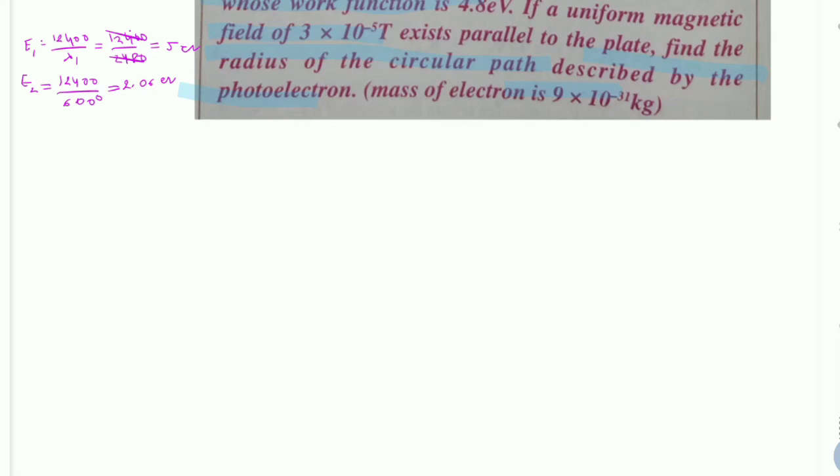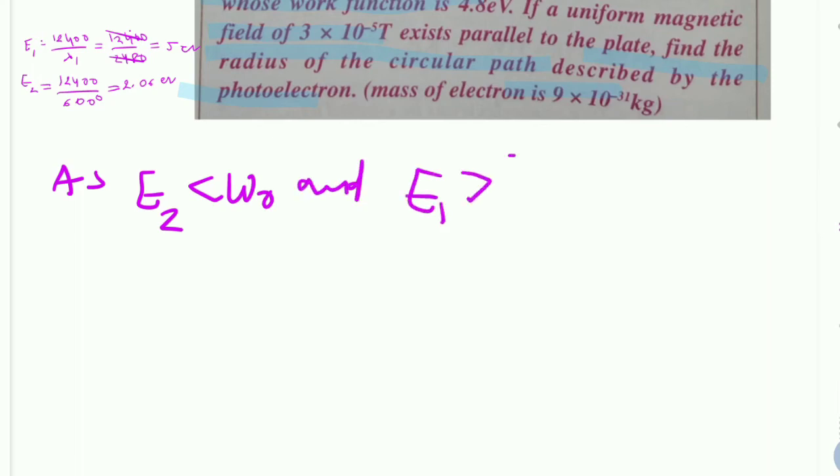Then as E2 is less than the work function and E1 is greater than the work function, photoelectric emission is possible only for lambda 1.